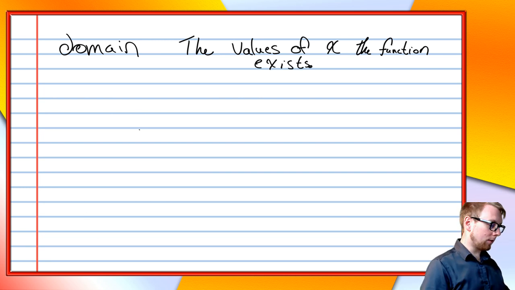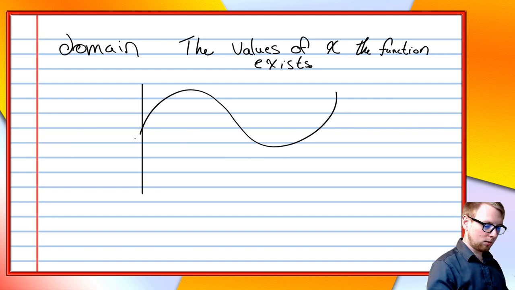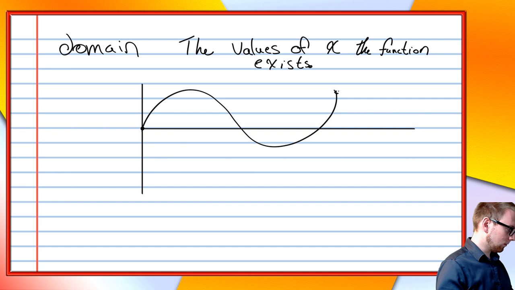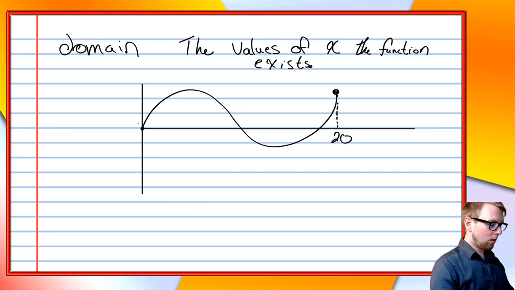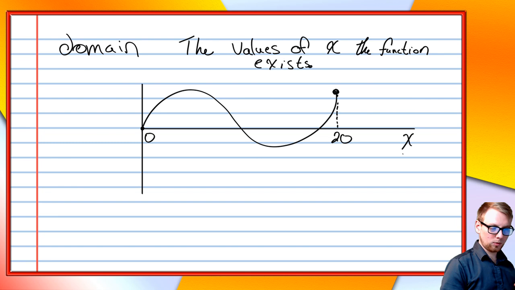So if we have a function like this, and let's say that it only starts here. Let's call this 20. This is 0, and this is our x-axis. Okay?